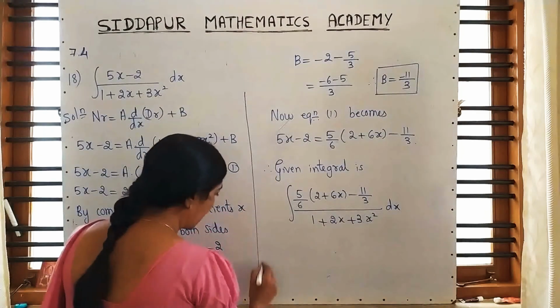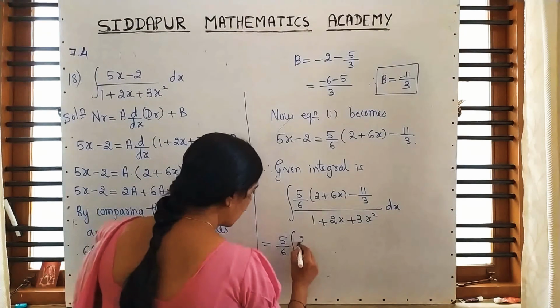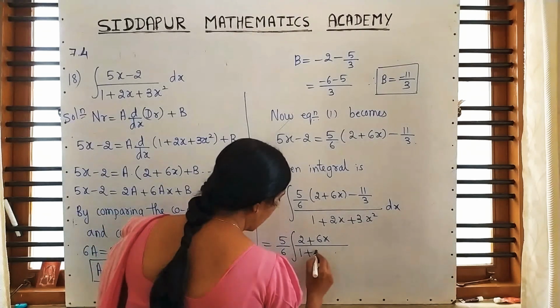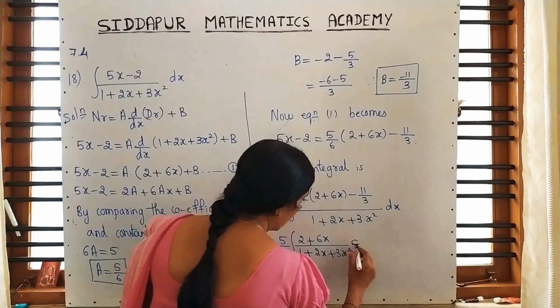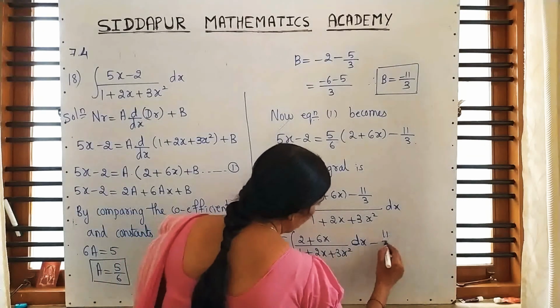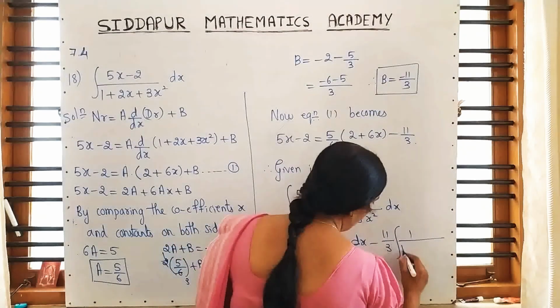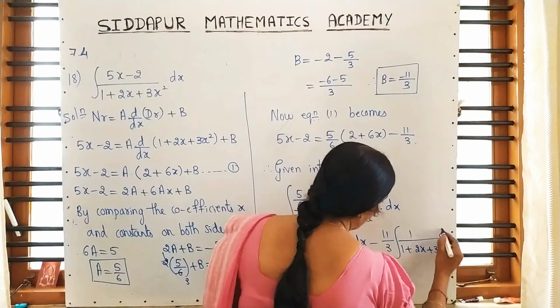This will be written as 5 by 6 constant, integration of (2 + 6x) divided by (1 + 2x + 3x²) dx, minus 11 by 3, taking integration separately, 1 upon (1 + 2x + 3x²) dx.